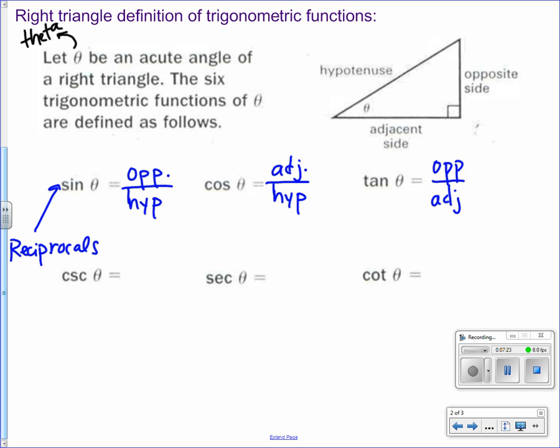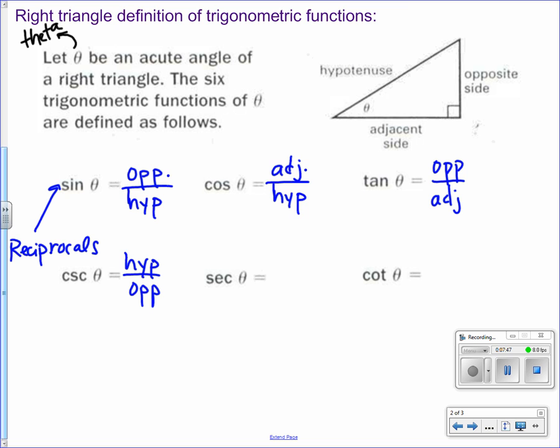So cosecant is the reciprocal of sine, or the inverse of sine. So the cosecant will be, instead of opposite over hypotenuse, hypotenuse over opposite side. Okay, and secant is the reciprocal of cosine.